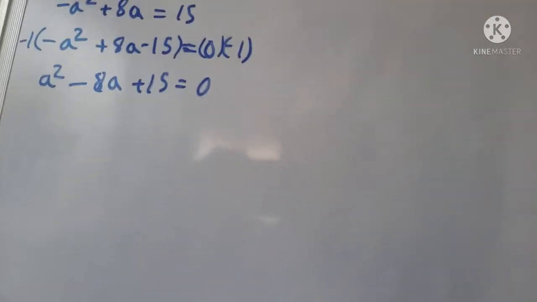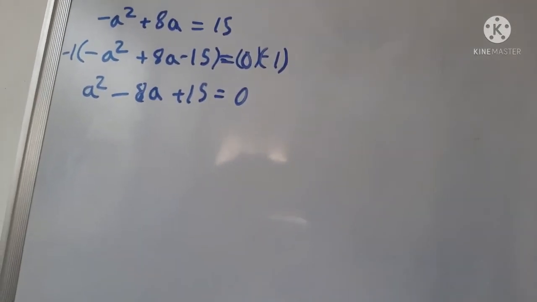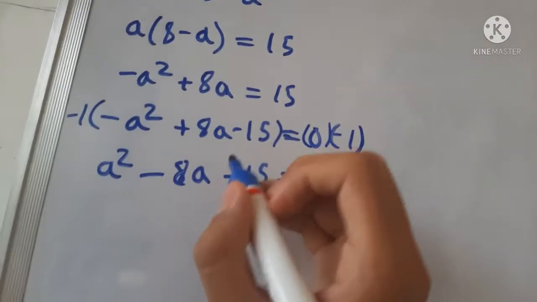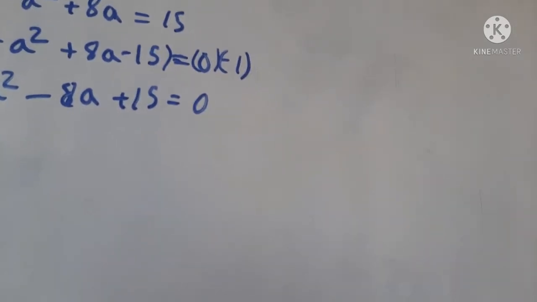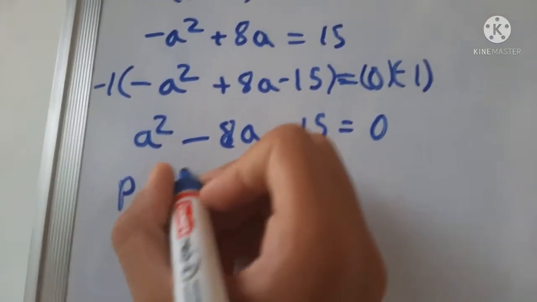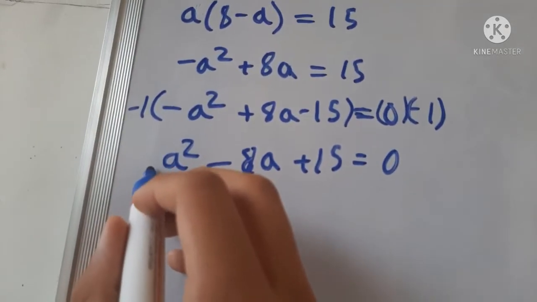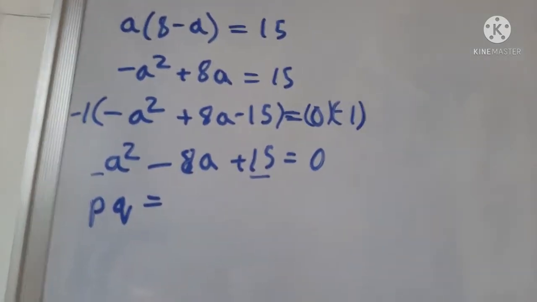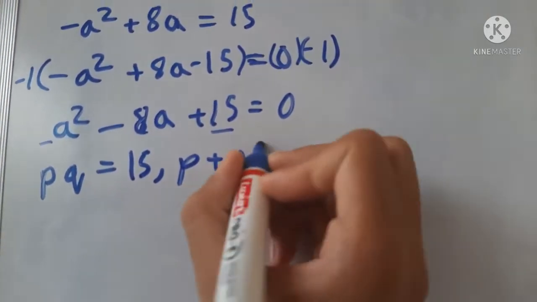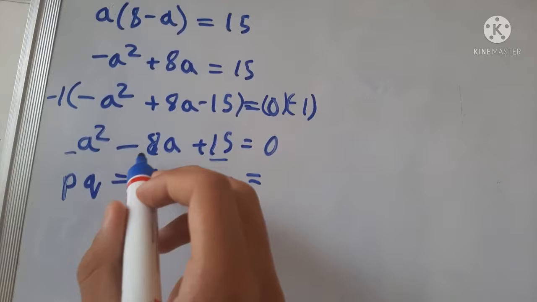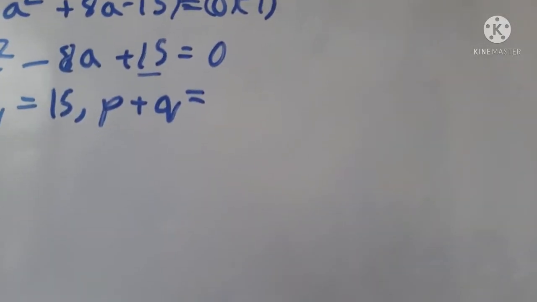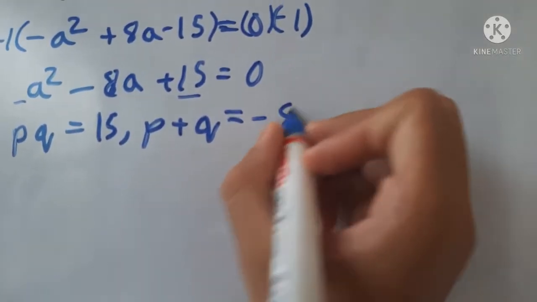How do we plan on solving this quadratic? I guess we can use two methods. First, we can use splitting the middle term. We have to find two numbers p and q such that their product is equal to the product of the first coefficient and the last coefficient, so that's 15, and their sum is equal to the middle coefficient, which here is minus 8.